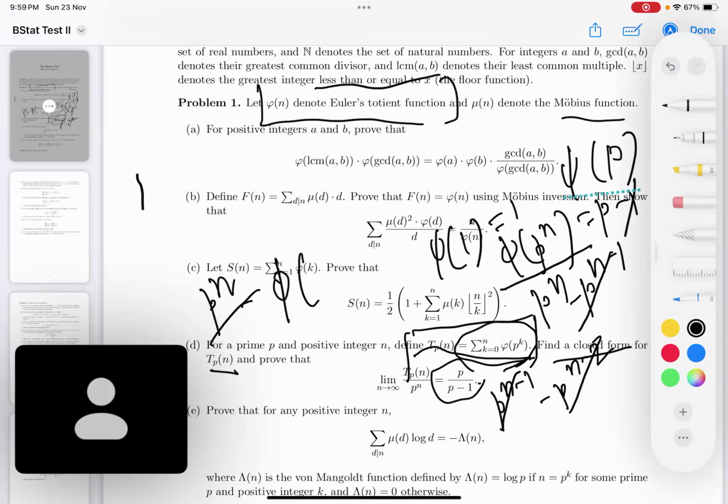Yeah, you are correct. This is essentially p to the power n because everyone else cancels out. But yeah, let me solve this properly.